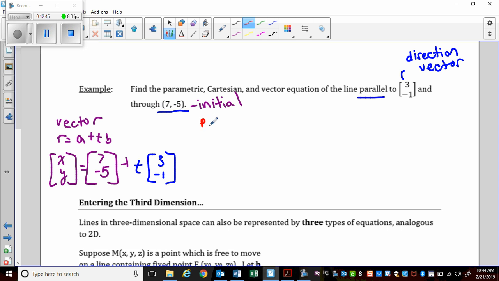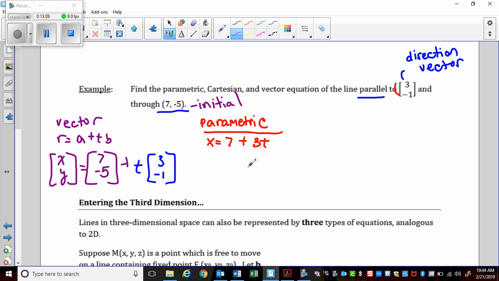Let's do the parametric equation. Alrighty, so we know that x is equal to our initial point, which is our x value, 7, plus our direction, which is 3, times the time.